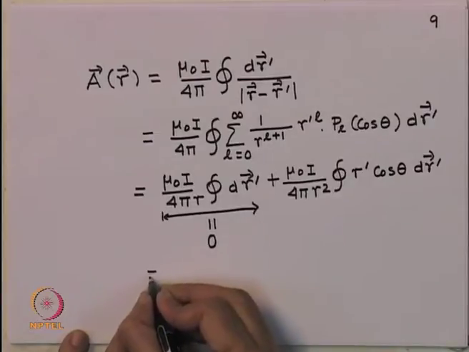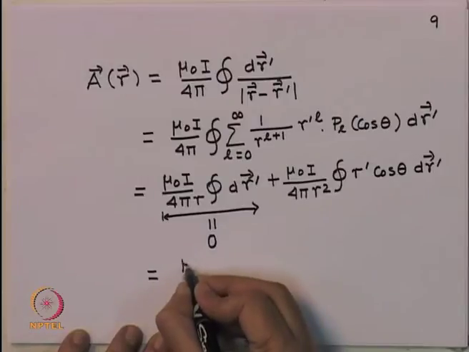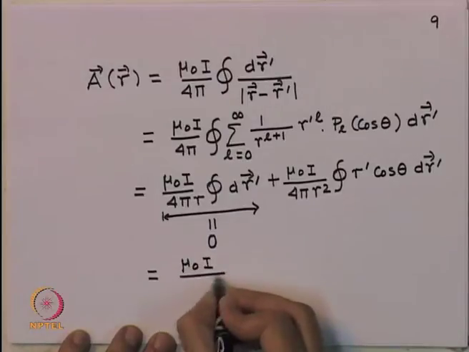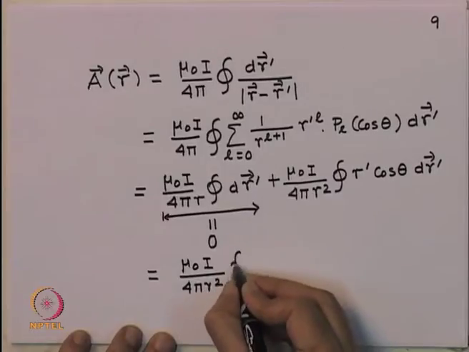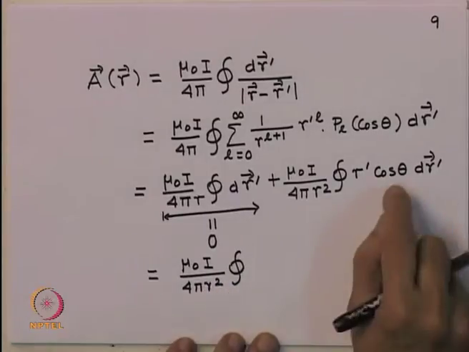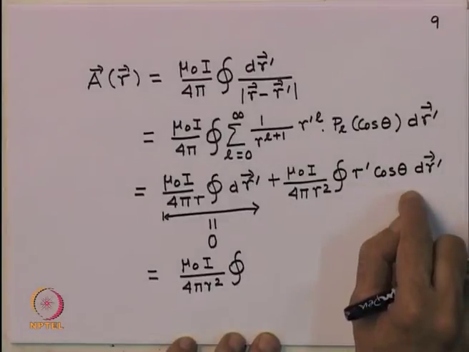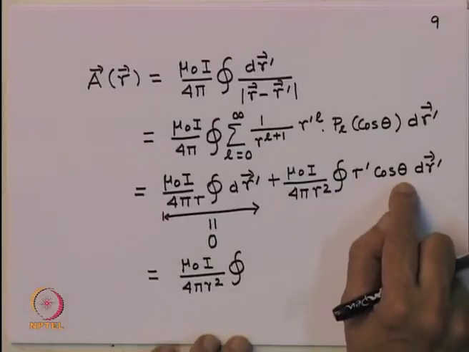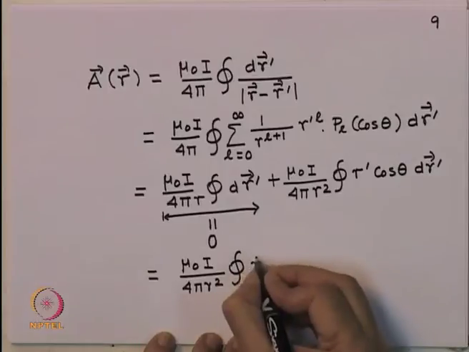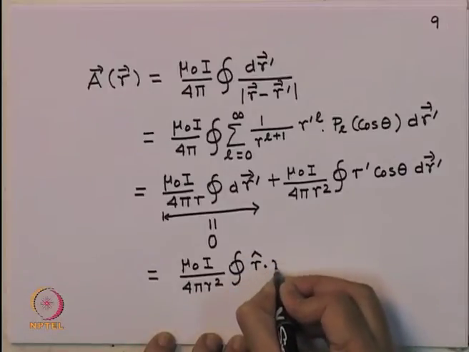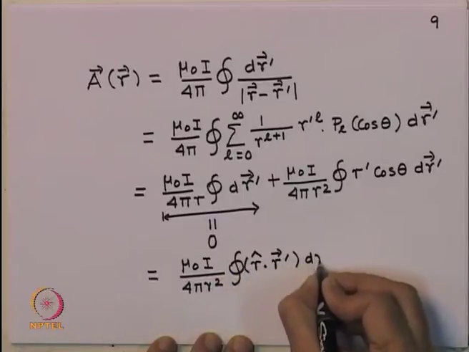And so, the first leading term that we need to calculate is this term, which is mu 0 I by 4 pi r square, integral of, remember that theta is the angle between r prime vector and r vector, but I have just r prime cos theta there. So, what I will do is to write this as the angle between unit vector r with r prime vector, and dr prime.